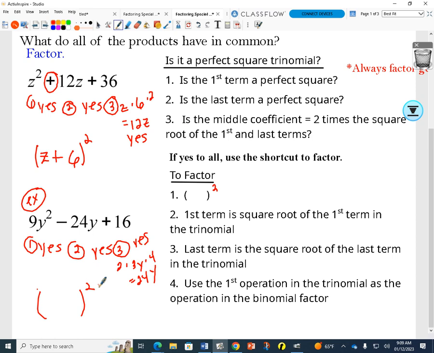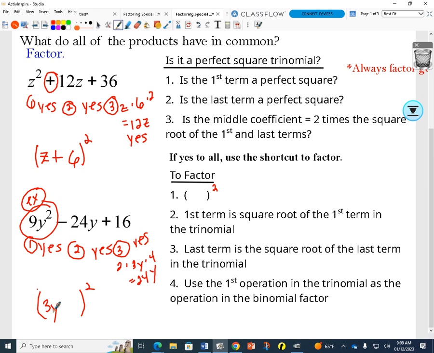Y. Is there something else that's going to go with the Y? So remember, whatever's in this first spot is going to get squared, right? Yes, 3y. So it's the square root of the first term. The square root of 9 is 3. The square root of y squared is y. So it's 3y.